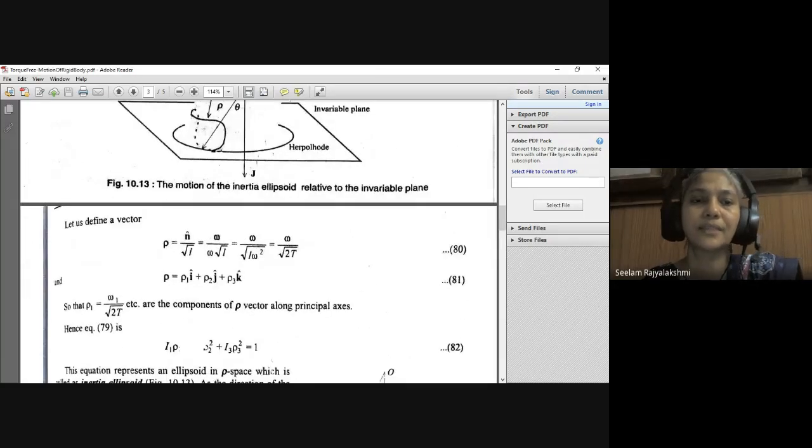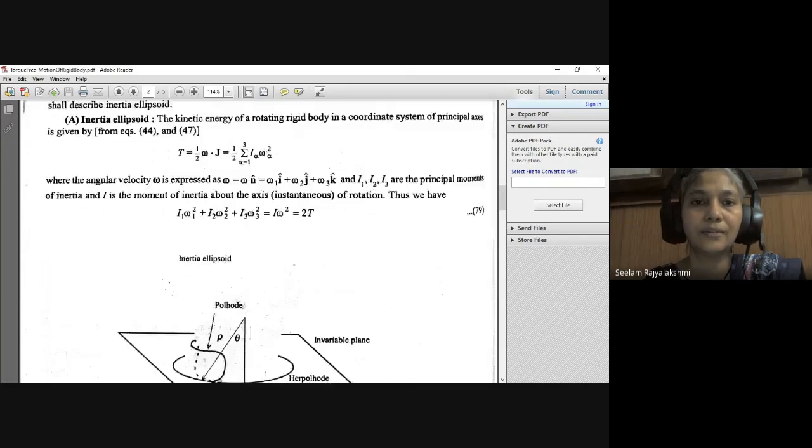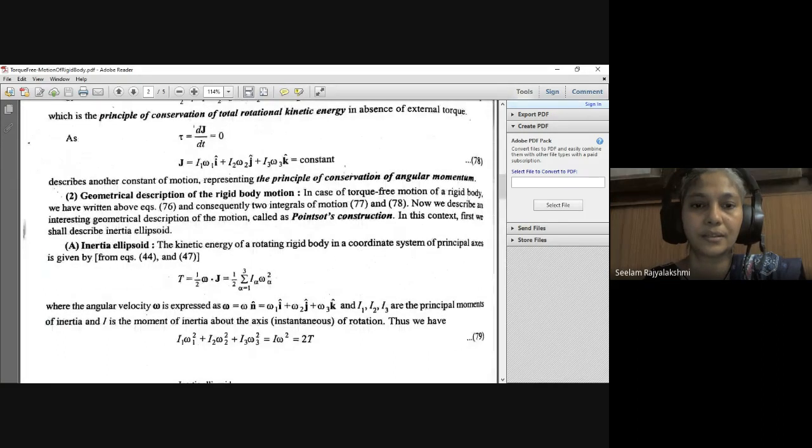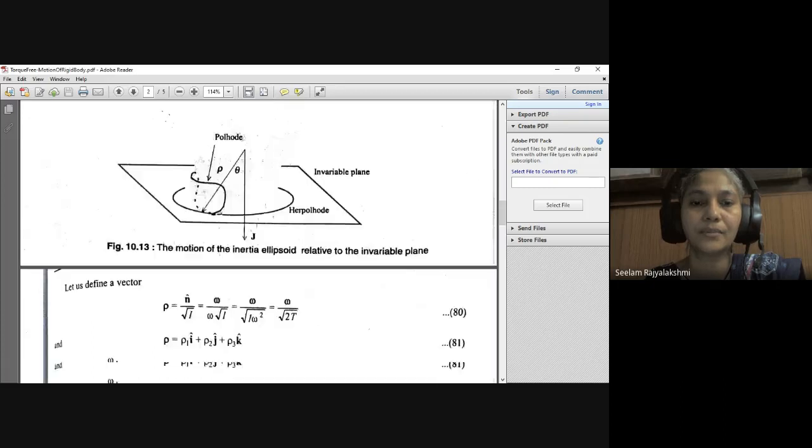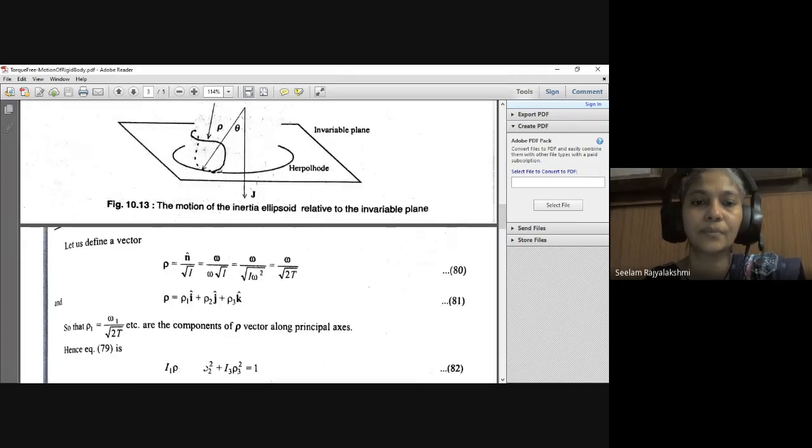So let us define a vector rho equals n cap by root of I. So n cap I already told you. Here we have omega. Already we have seen omega equals omega n cap, or n cap equals omega by omega. We are replacing n cap with omega by omega into root of I. So we will send this omega inside.